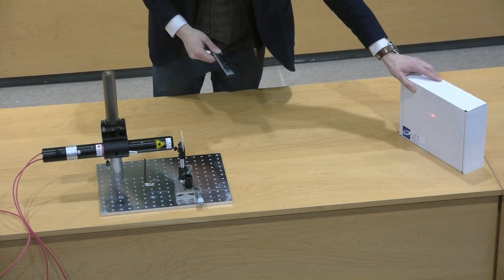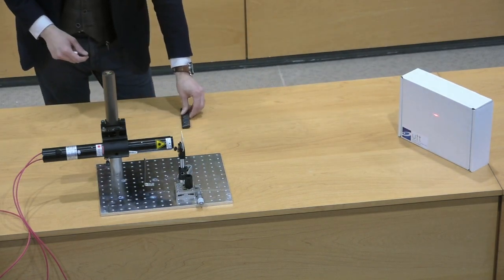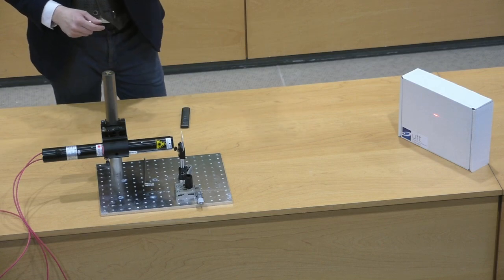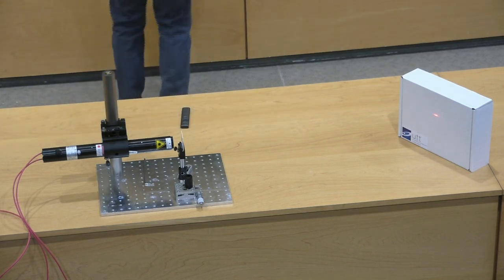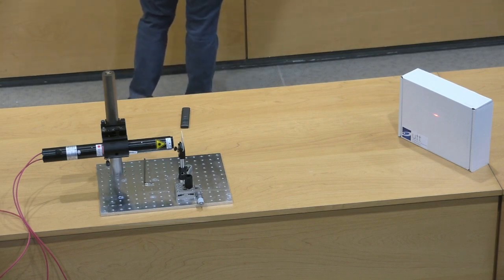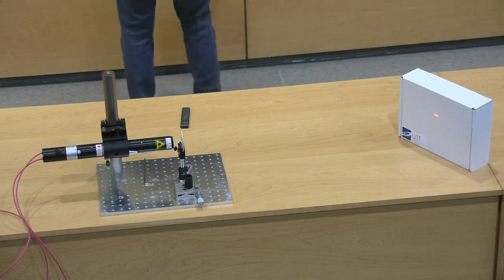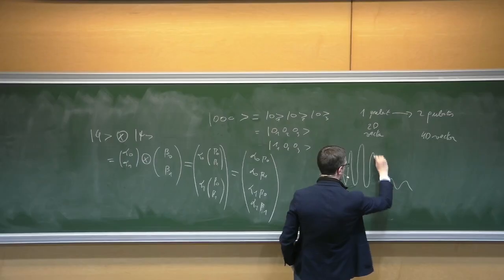And what you can see is a succession of bright spots and dark spots. Actually, what you can see is something like this, and sorry, I should put another one here, and this one a bit higher.